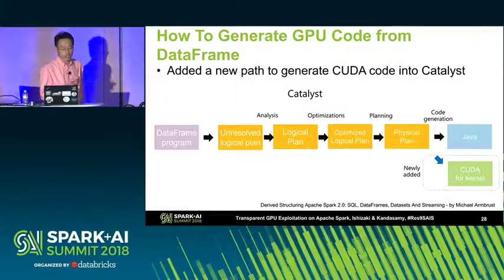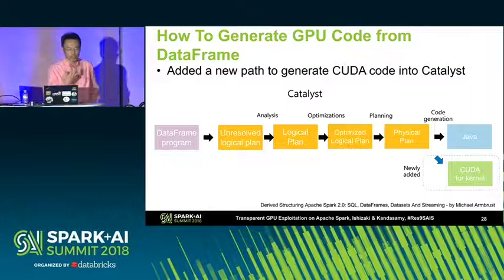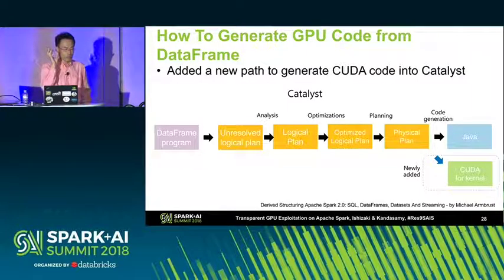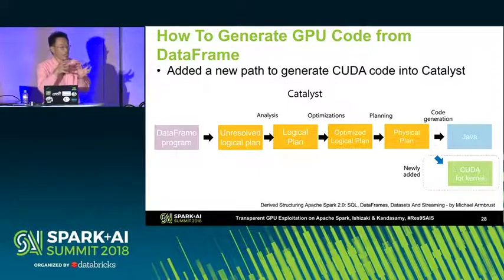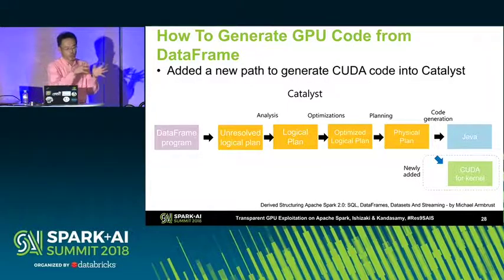So in the automatic code generation approach, how do we generate GPU code? In the morning session, the Databricks speaker talked about the Catalyst optimizer. The Catalyst optimizer can accept a data frame program, then generate a Java program to be executed on the JVM with some optimization.